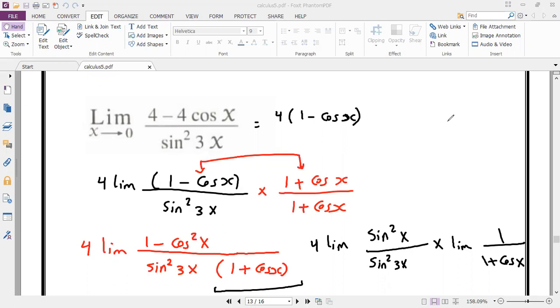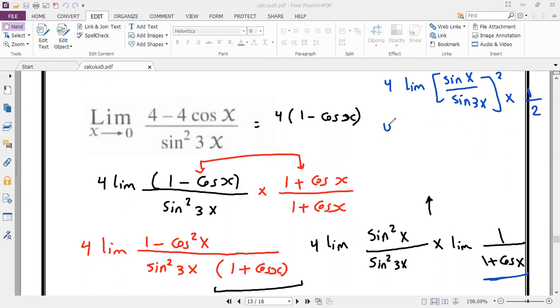So I'm going to write here: 4 times the limit of sine to the power of 2x over sine to the power of 2 3x. We can write it as sine x over sine 3x all raised to the power of 2, multiplied by this limit here, where we are going to substitute x equals 0. So cosine 0 is 1, so that is going to be half here.